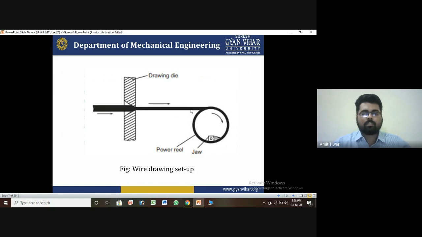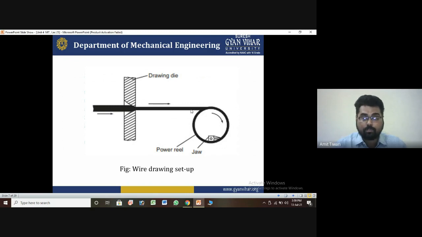Wire drawing is simply putting the workpiece of large diameter in between the drawing line and continuously applying equal and opposite forces. Most of the time it will be successful, but you have to understand the diameter and dimension of the workpiece.